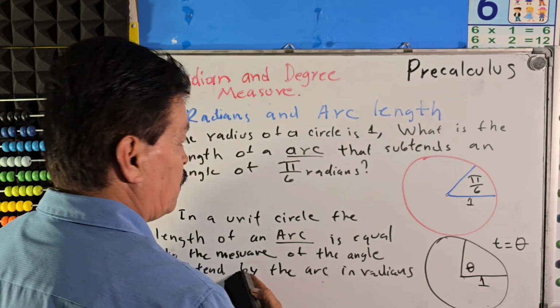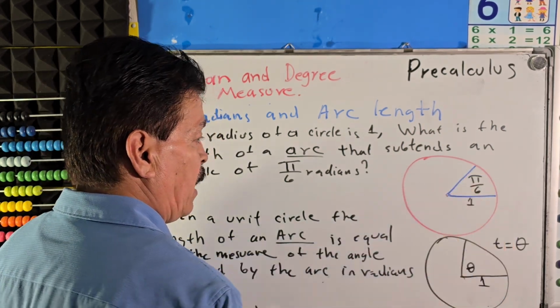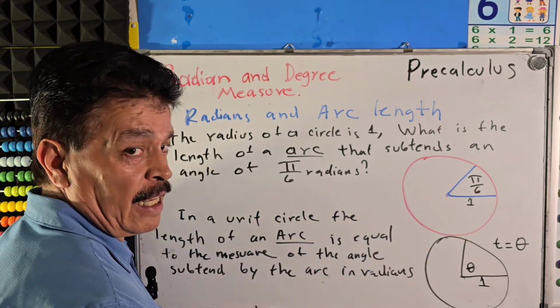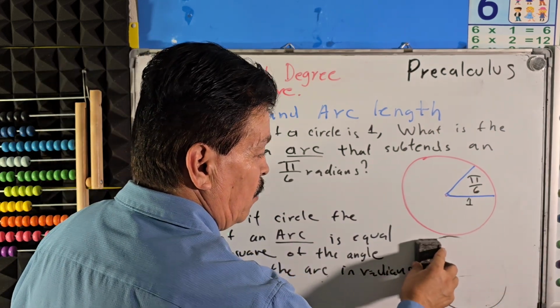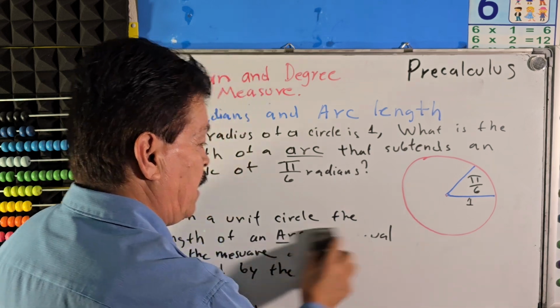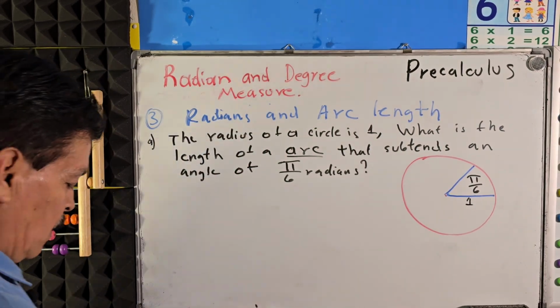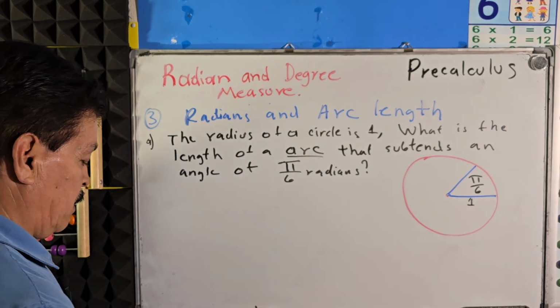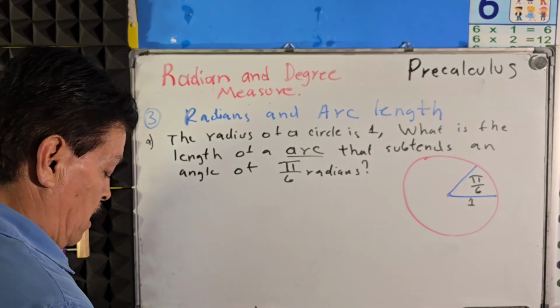Like in our specific problem, we have pi divided by 6, the symbol of the angle. We have to solve our problem here. It's not hard.